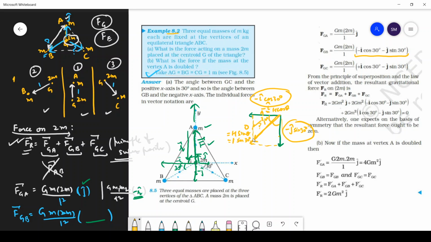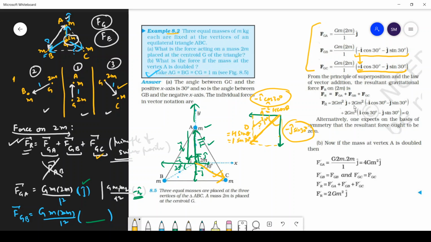Okay, so that's how we write this direction. Similarly for GC we can write the same. The only difference is that here it is plus i cap instead of minus i cap, since it is on this side. So this direction is given by this. Now we simply add these three.